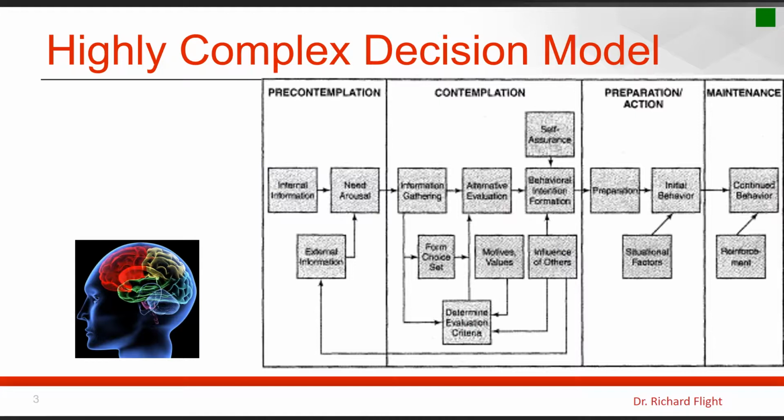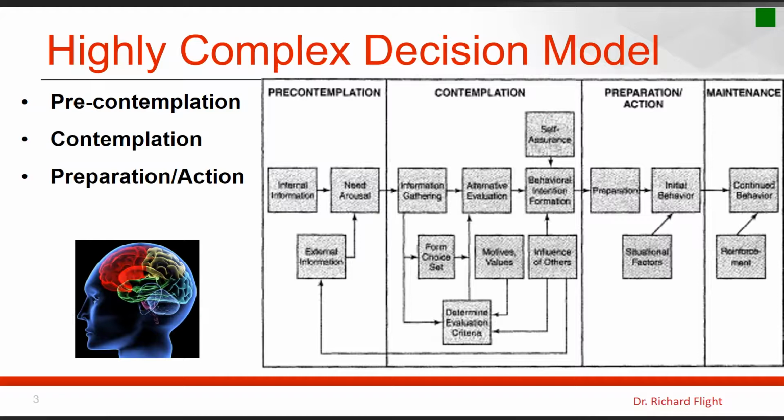Complex decision-making models have more or less four components that are illustrated by this graphic: pre-contemplation, followed by contemplation, preparation and action, and then finally maintenance.